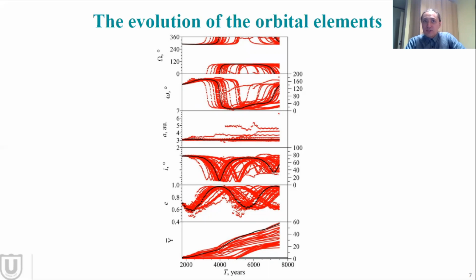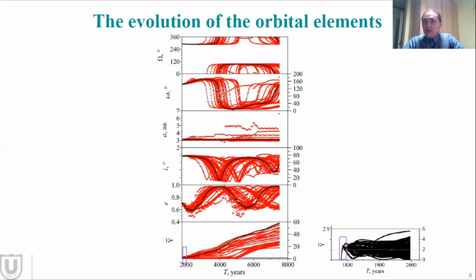We found an increase, as seen in this figure, in the interval from the moment of ejection to 1900. In this interval, MEGNO increases monotonously and the mean value exceeded 2. This would imply the conclusion that the orbit is chaotic and the further motion of the particle is unpredictable.